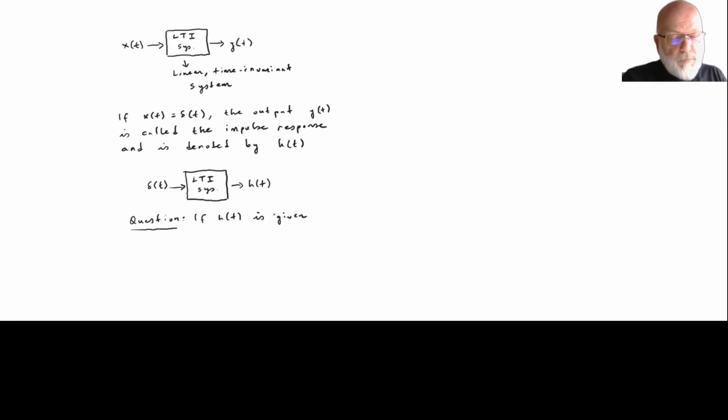Suppose that h of t is given to us, and the question is, can we evaluate y of t, the output y of t, for any input signal x of t.